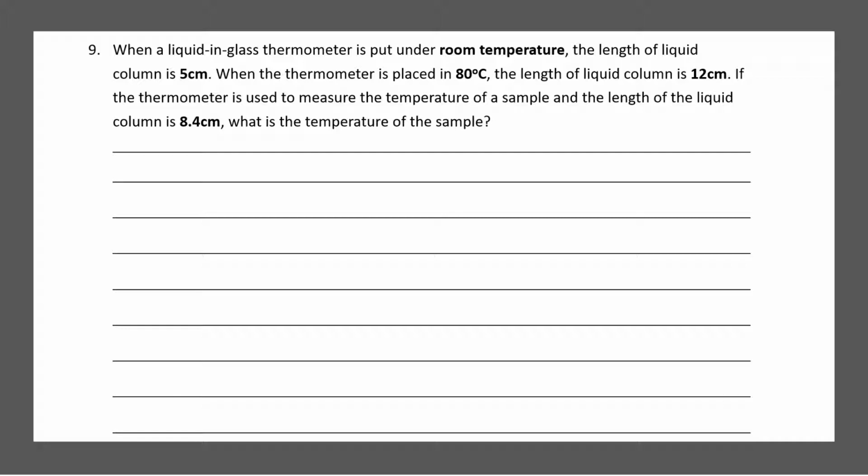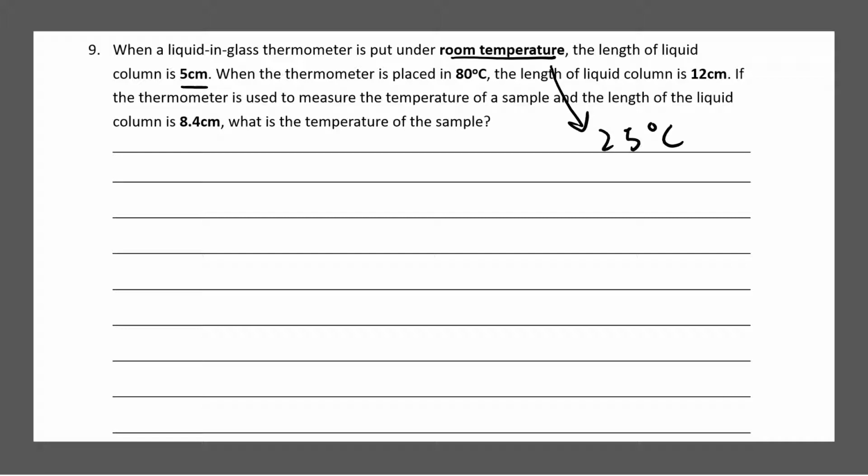Okay, so here comes the last question that I would like to explain to you, which is question 9. First of all, I'd like you to stop this video and take a look at it by yourself first. After you understand how to do it, you can just play it back. Alright, so let's get started. The liquid in glass is at room temperature, you have to recall that it's 25 degrees.